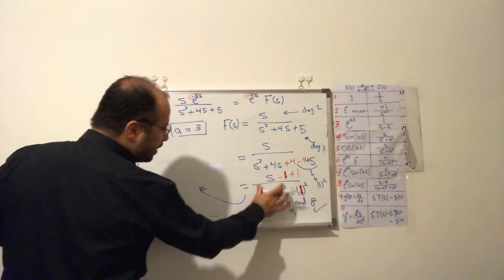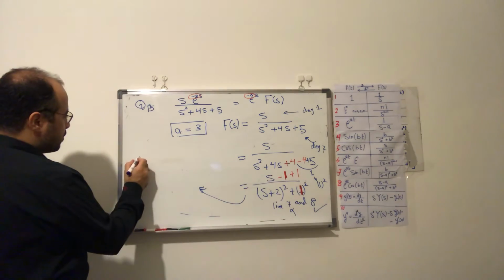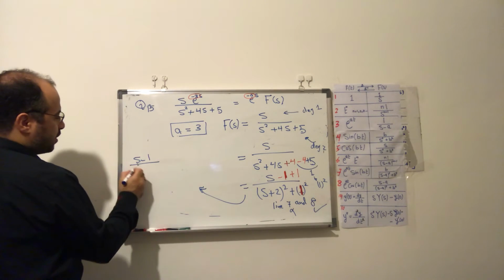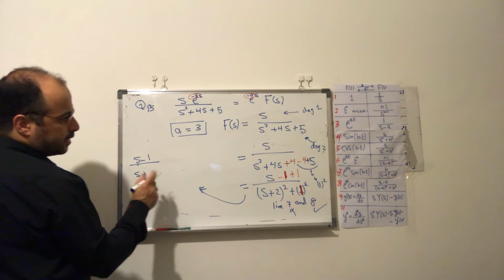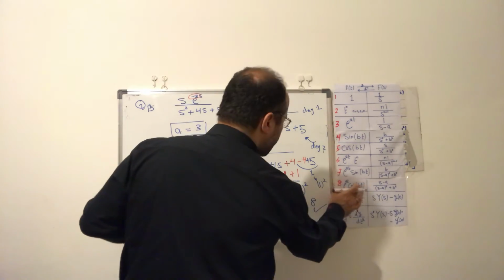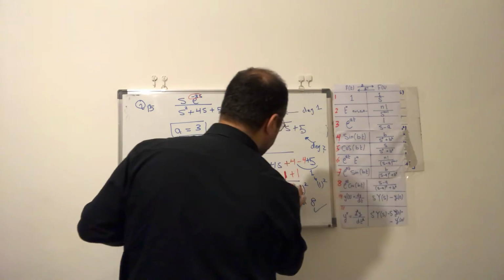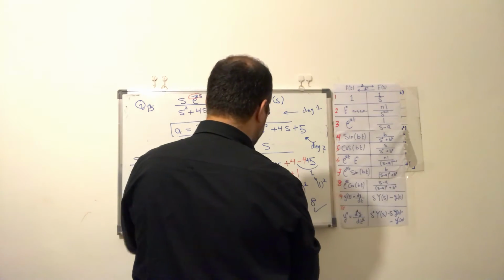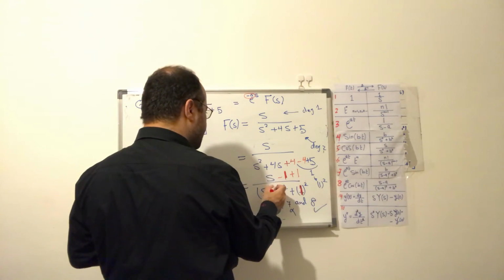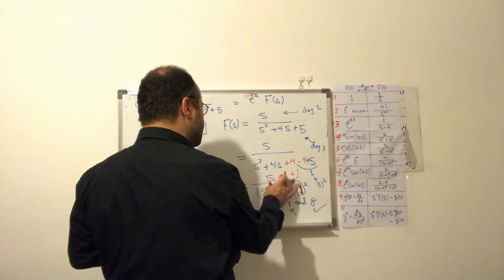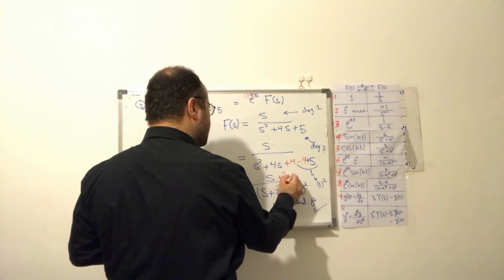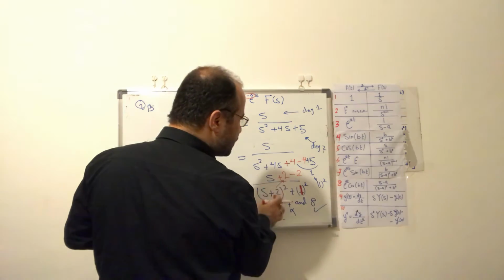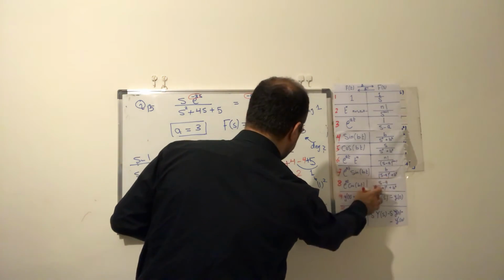So I'm going to cut this into two parts. I will consider this as s minus 1 over s plus, sorry, I don't need 1 here, I need 2, right? I need plus 2, and I need here minus 2, because I need the shift, which is s minus a.